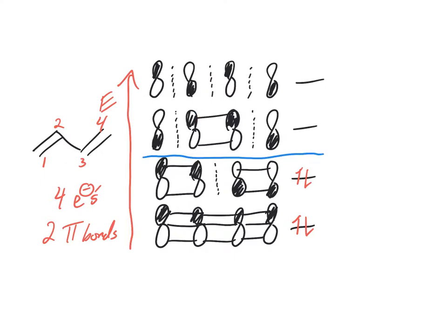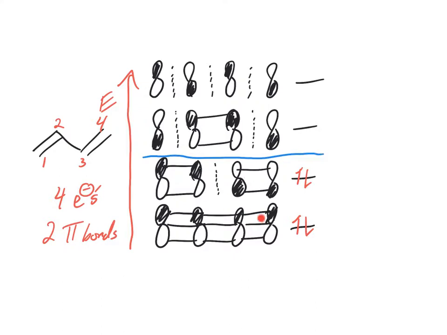And as you go up another level, you can start changing the phases where now there's no bonding interactions at all, and it's node, node, and node. So no electrons are being shared in that orbital, and that's the highest energy orbital. None of those waves are interacting constructively.